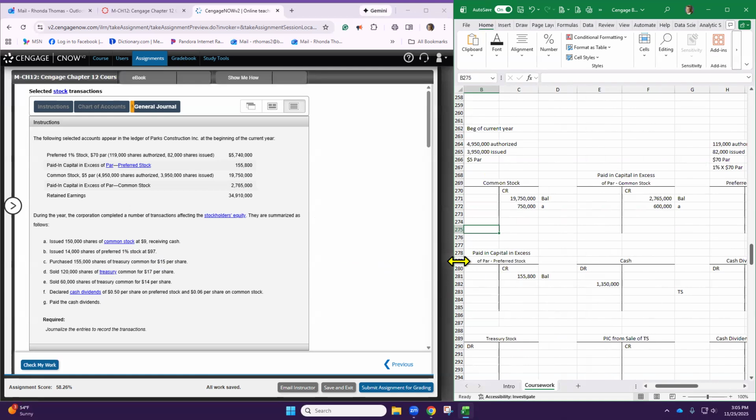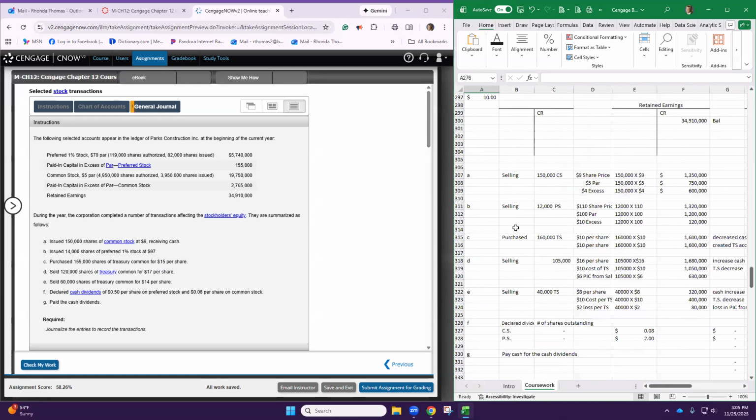Issued 14,000 shares of preferred 1% stock at 97. So this time we are selling 14,000 shares at a price of $97. We take 14,000 shares times $97.